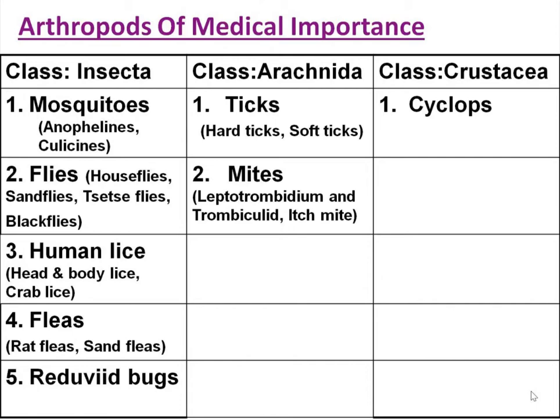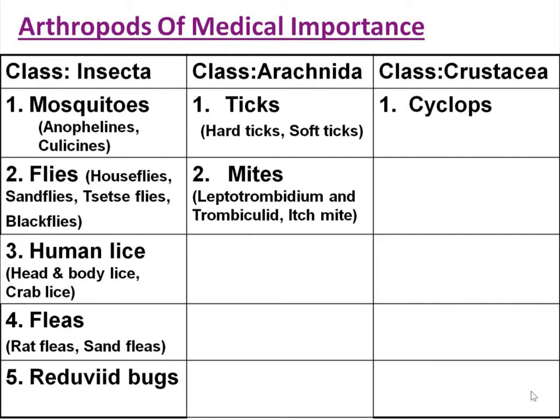The next class is Crustacea. An example for Crustacea is Cyclops. That's how the arthropods of medical importance are classified into Insecta, Arachnida, and Crustacea. This classification is important.